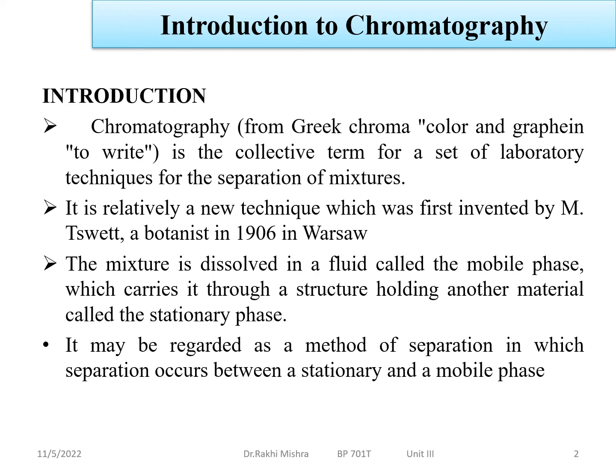This technique was first used in the 1900s by a scientist, M. Sweat, who separated different plant pigments with it. Plant pigments are colored in nature, so he gave this name.